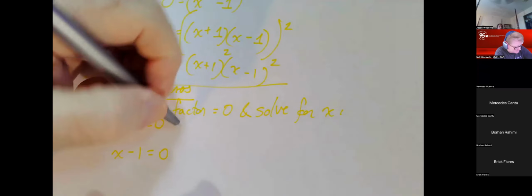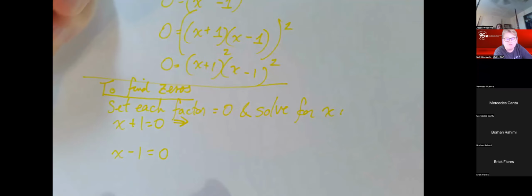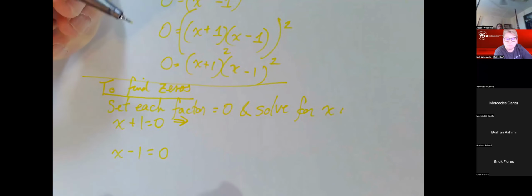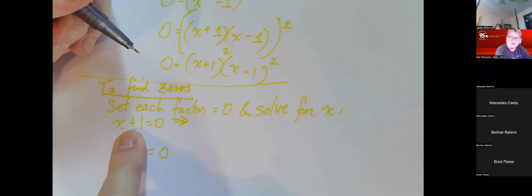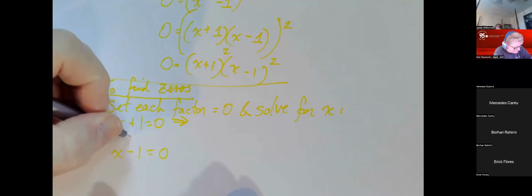What do I get if I solve x plus 1 equals 0 for x? If I solve for x, I'm going to subtract 1, right?